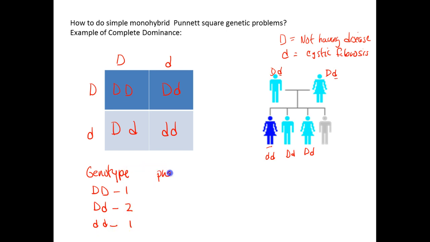Now if the question asks you for the phenotypic ratio, that means the trait: either you are normal, don't have the disease, or you have cystic fibrosis. So in this case, you have 3 to 1. So 3 would be normal and 1 would end up having cystic fibrosis. So in order for a recessive trait to show up, both parents have to be carriers.